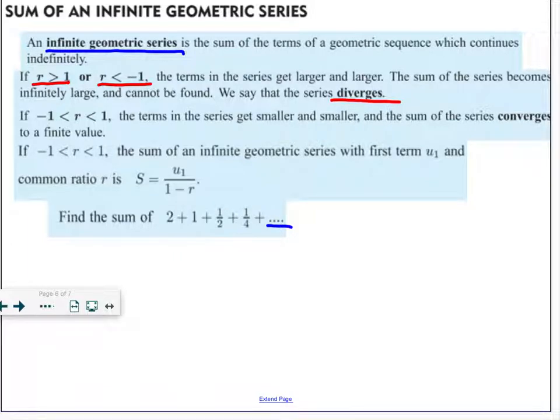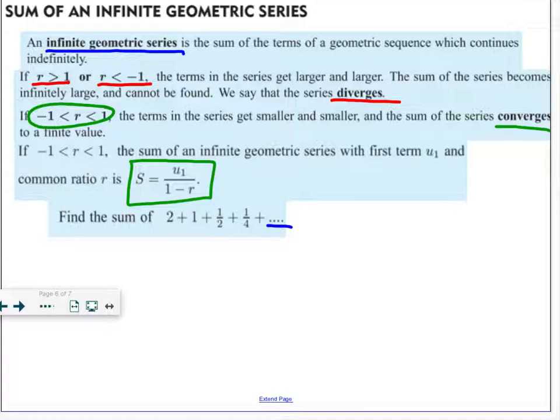But if we have an r value that's between -1 and 1, we say that series is convergent, meaning it converges at a single value. We use the formula: sum equals u1 over 1 minus r. For this example, we can find the sum of 2 plus 1 plus 1/2 plus 1/4.